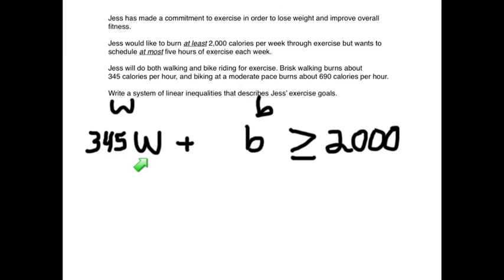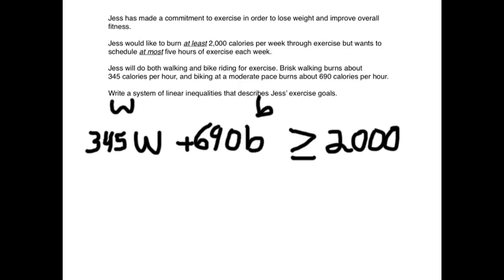If she walks 2 hours, she'll burn 690. If she walks 3 hours, etc. That's what the multiplication here is for. Notice this coefficient is the same as this part of the sentence. So the other coefficient is for biking: 690 calories per hour for each hour spent bicycling.